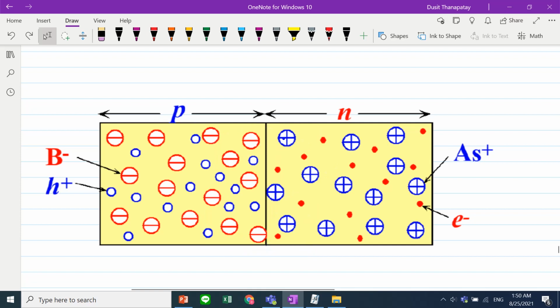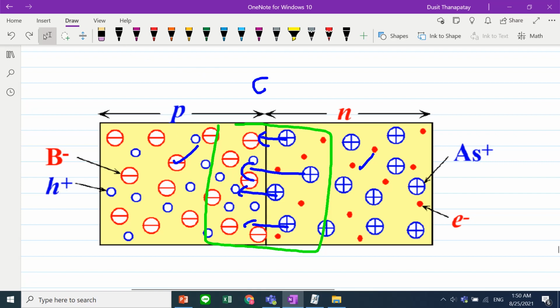So the electric field in this region becomes stronger, and then the electric field becomes strong enough to prevent all diffusion of electrons and holes. So it becomes equilibrium, or steady state.